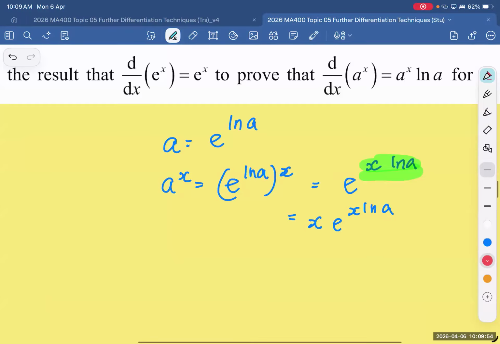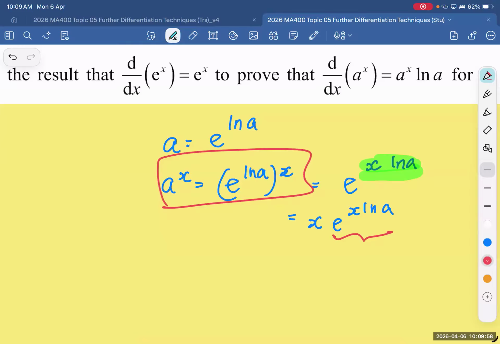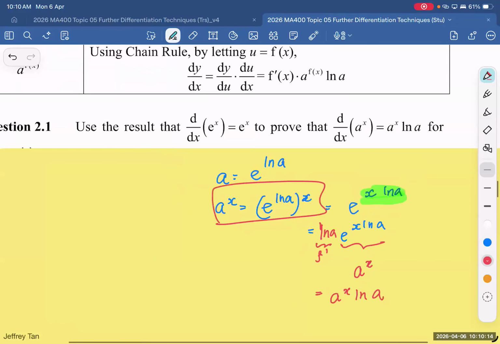So f prime is just ln a. Earlier on we know that e^(x ln a) is a^x. This is my f prime, so you can see this as a^x ln a. This is question 2.1.